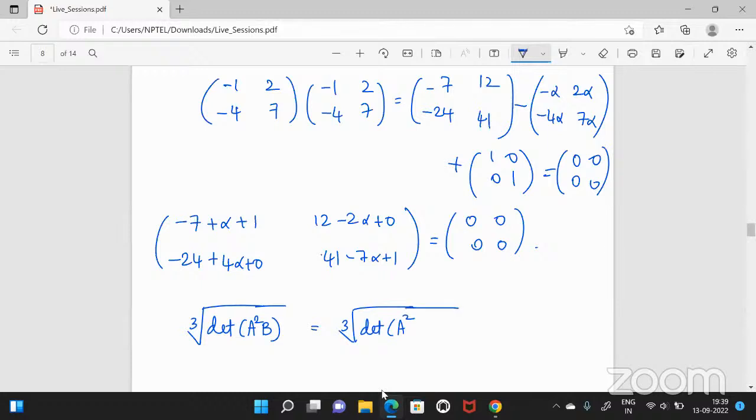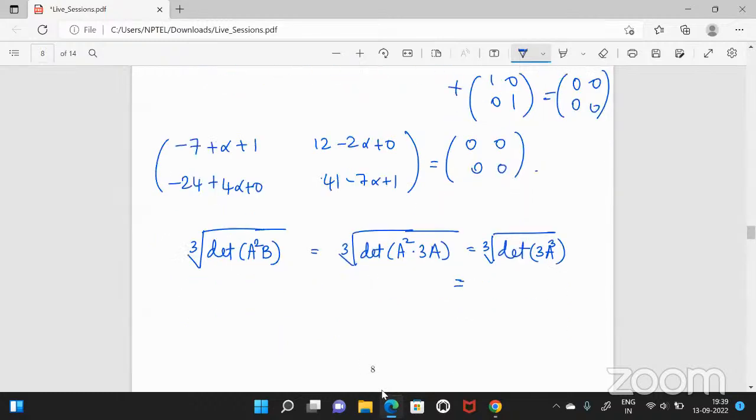What is B? B is 3 times A. So you put that here first. Determinant of 3A cube. So 3A naturally will be 12 and the answer will be 12. Got it, ma'am.